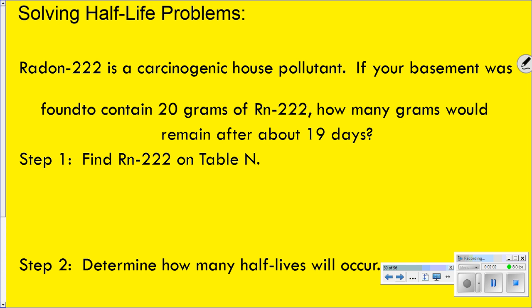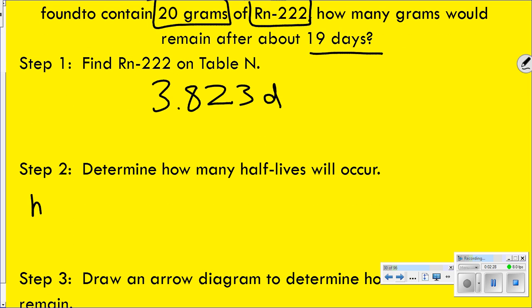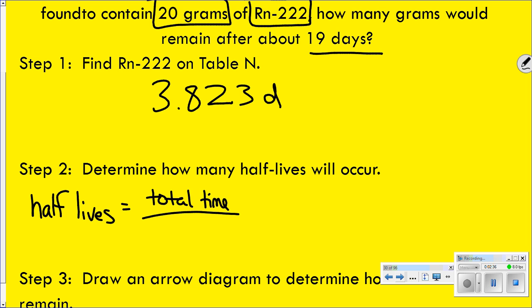Radon-222 is a carcinogenic house pollutant. If your basement was found to contain 20 grams of radon-222, how many grams would remain after about 19 days? So you first go to reference table M, and you find radon-222 with its half-life of 3.823 days. To figure out the number of half-lives that are going to occur, we do total time over half-life length.